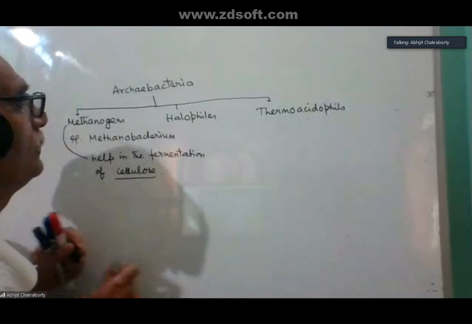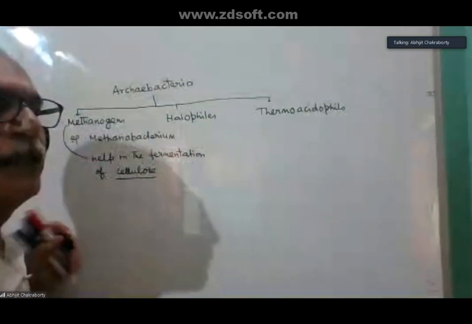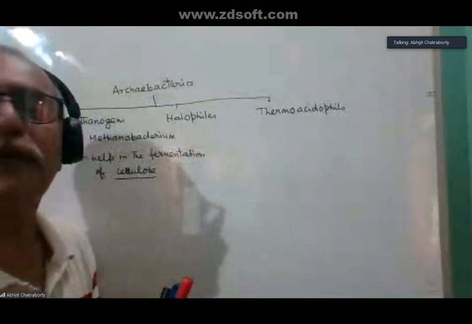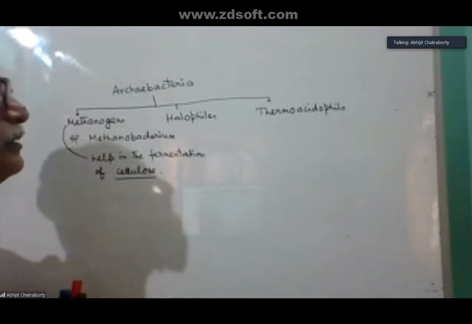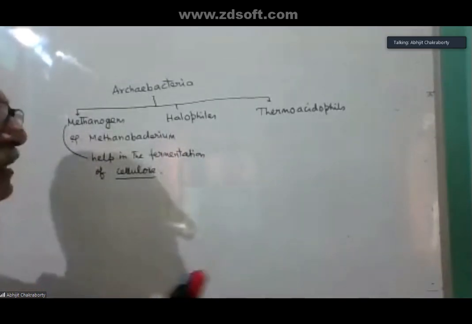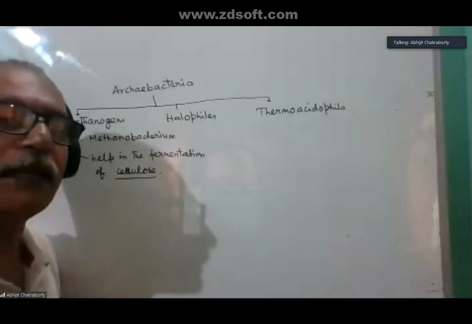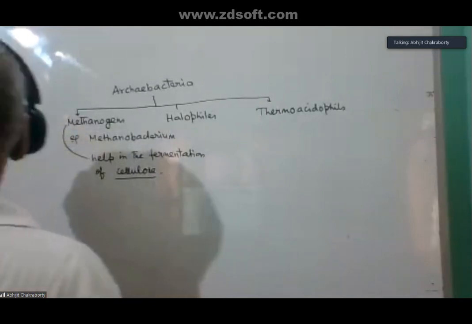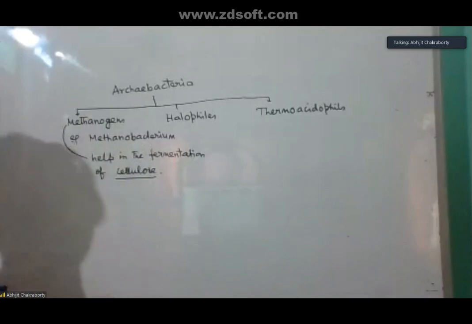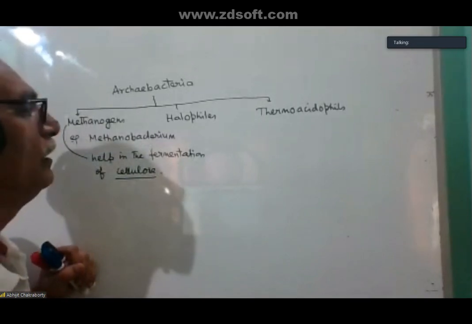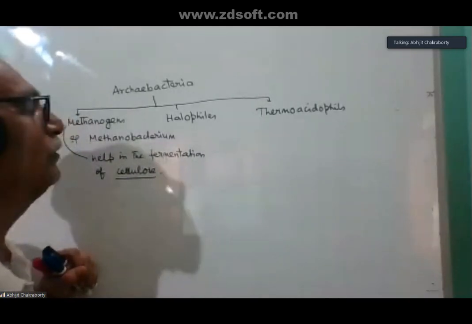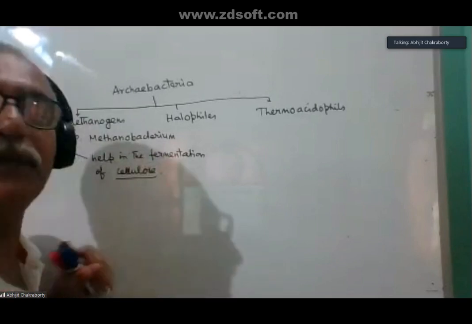After fermentation, it is carried to the intestine and expelled from the body as fecal matter. That's why in the fecal matter also, we get the methanogens.